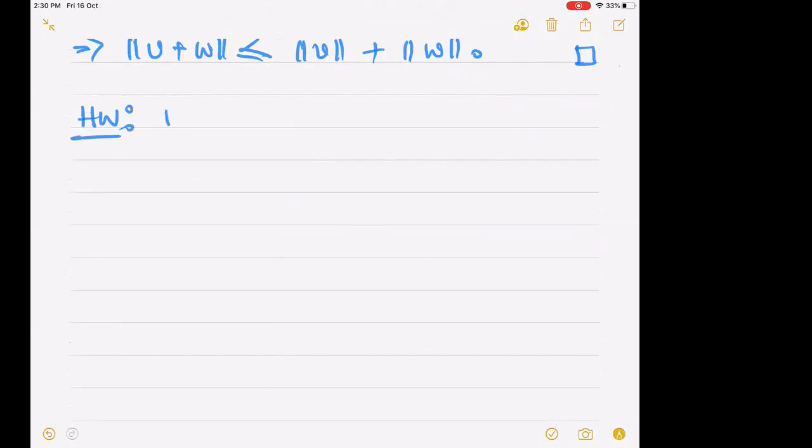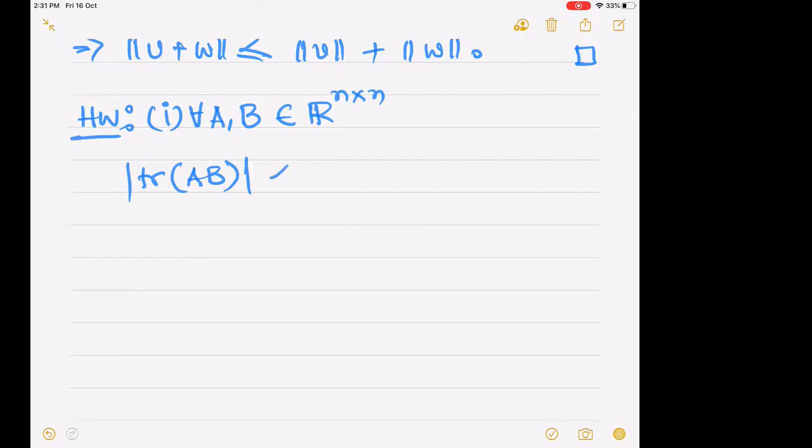in fact, that the trace of AB, so let us consider A and B to be real n cross n matrices, and for all such n cross n matrices, the magnitude of trace of AB is less than or equal to trace of A squared times trace of B squared.